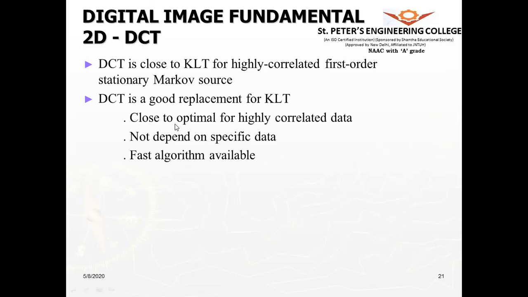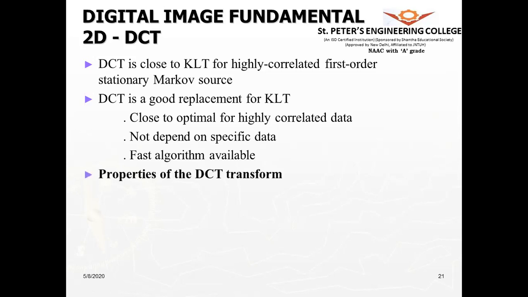When the correlated data is close to optimal, and the data is not dependent, and if you want to have a fast algorithm, but KL does not have a fast algorithm for computation. So in these scenarios, we go for a DCT. Otherwise, KL transform only holds good.